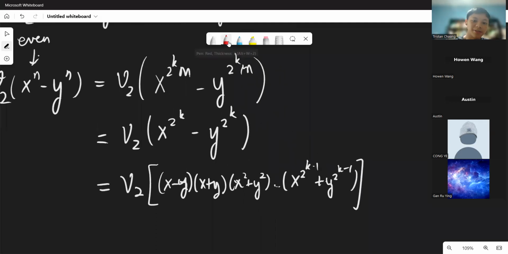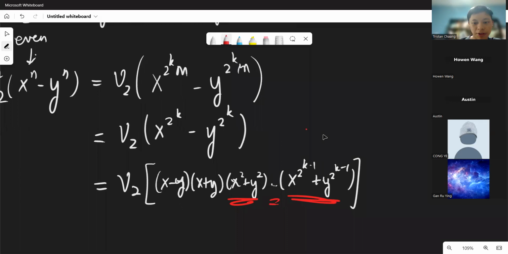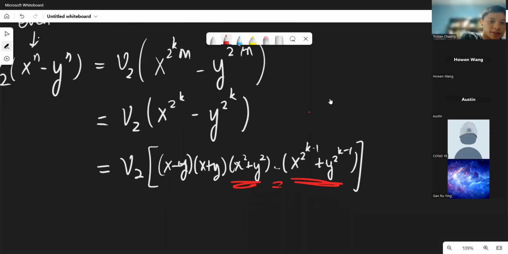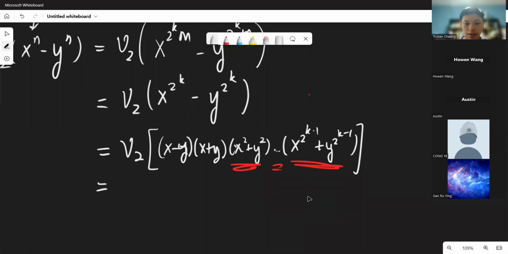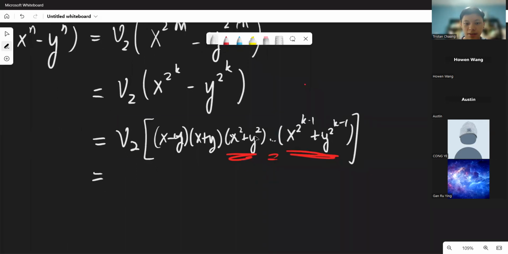Now, let's look at these terms. What is special about them? What can we say about v2? Any idea?